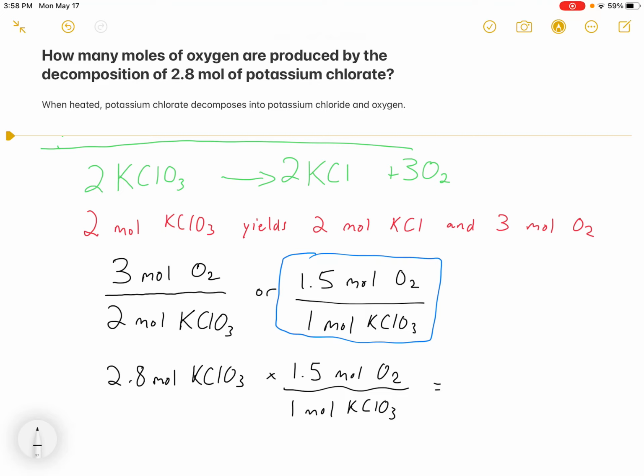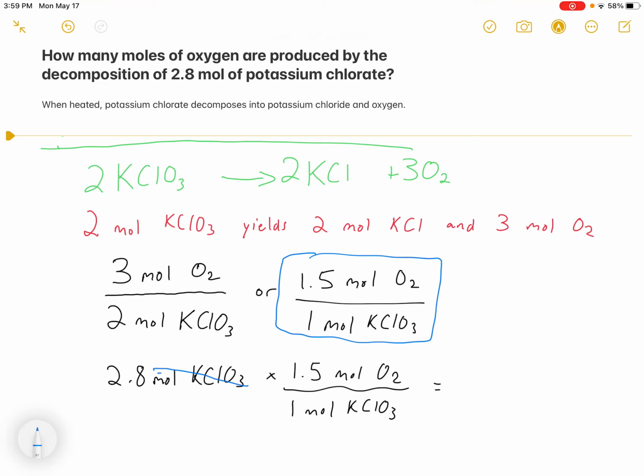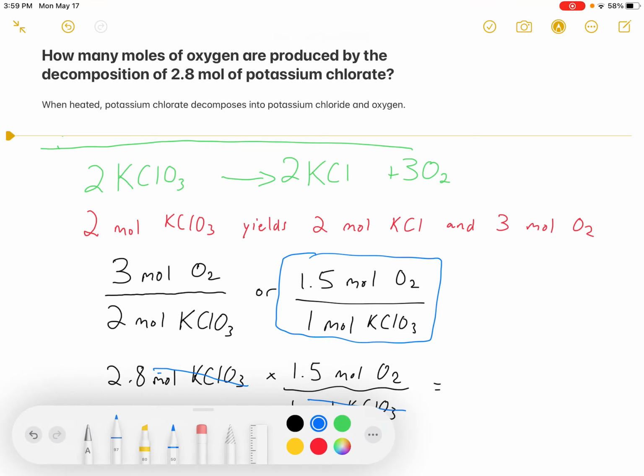And then we simply multiply these two values together, keeping in mind that the units in moles of KClO3 are going to cancel out. And that's a way that you can always double check to make sure you set up your proportions correctly.